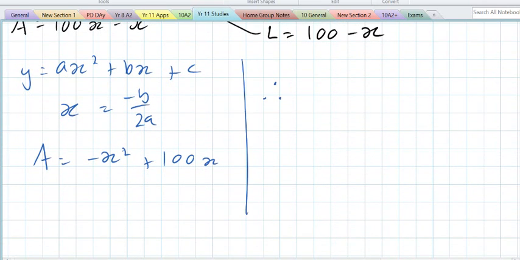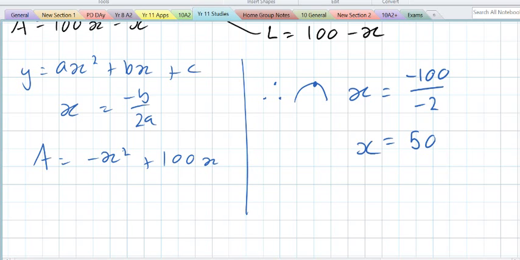Therefore, turning point at x equals minus b, which is minus 100, over 2a, so two lots of minus 1, because the coefficient of x squared is minus 1, so minus 2. x equals 50.